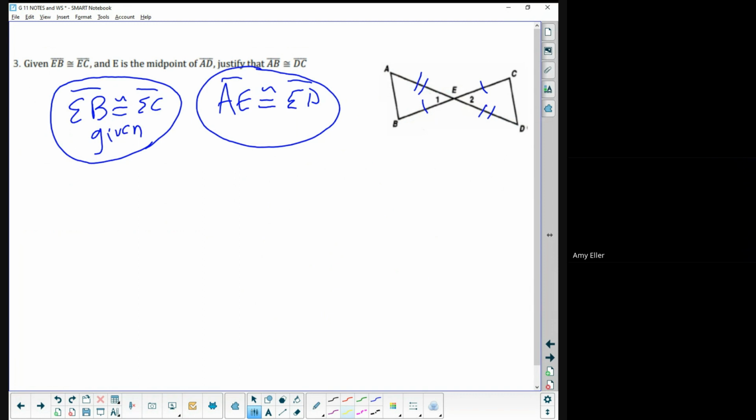No, because in the given up here, it never said AE congruent to ED. We can say E is the middle of AD. That's how we knew.